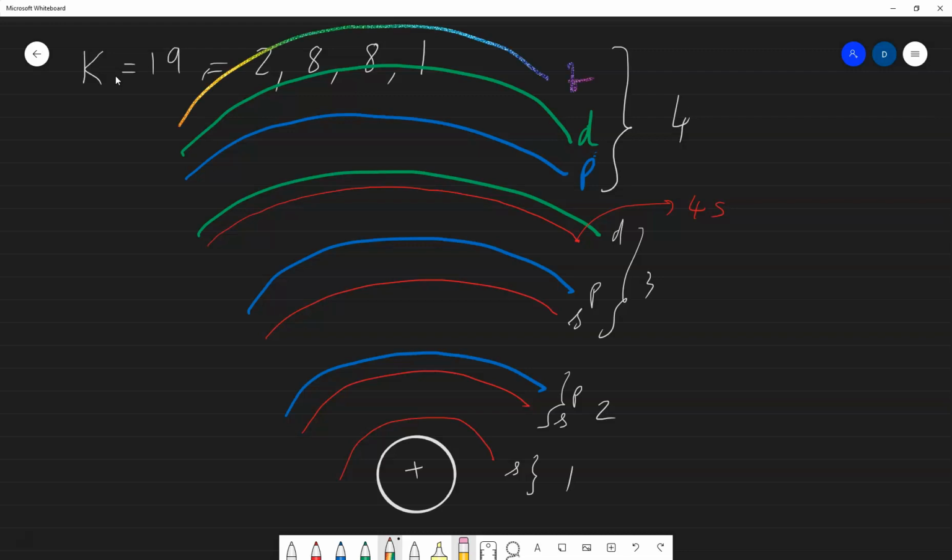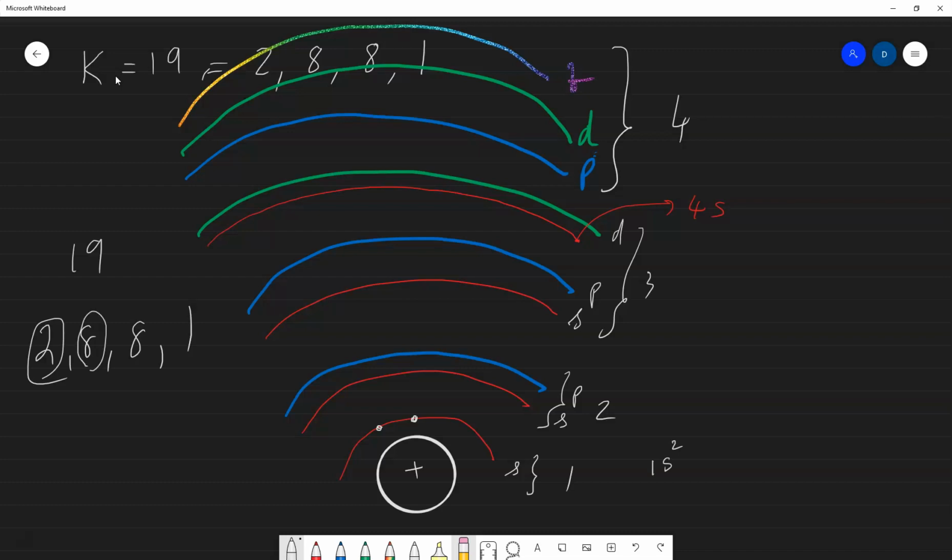Now start filling this in. So we have to fill 2, 8, 8, and 1. Altogether we have 19 electrons. First two electrons are gone. So I've got 1s2.